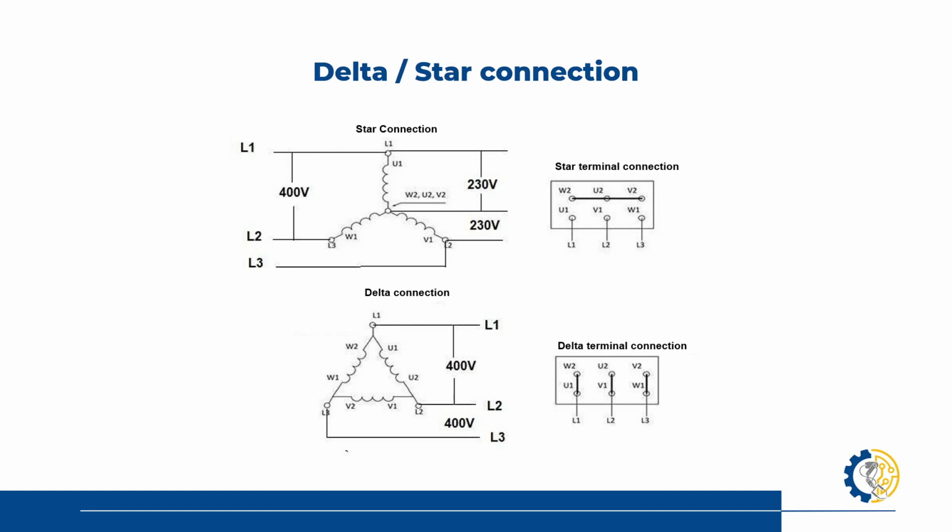Now, I was previously saying that it all depends on the manufacturer. But in reality, for most cases, the star connection is the one that works for 400 volt voltage for AC. Okay?